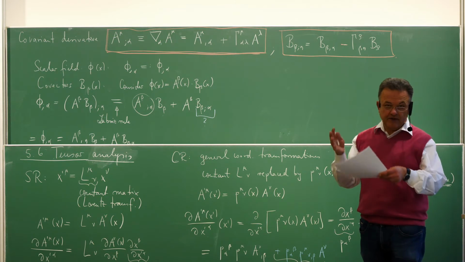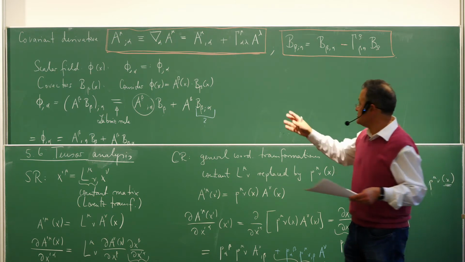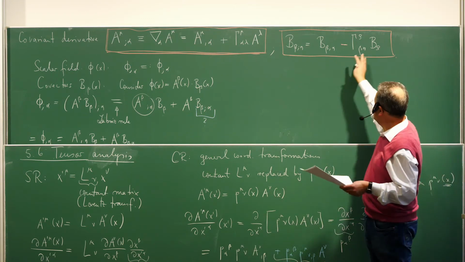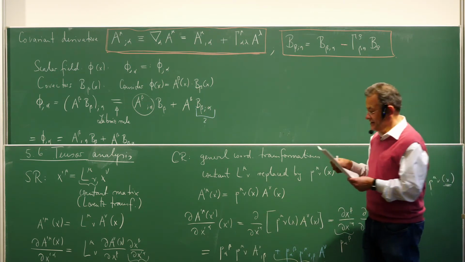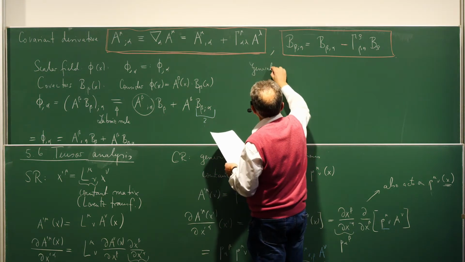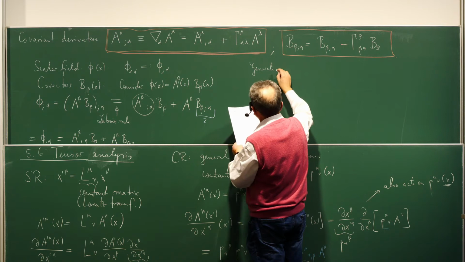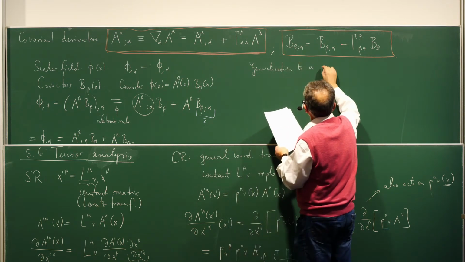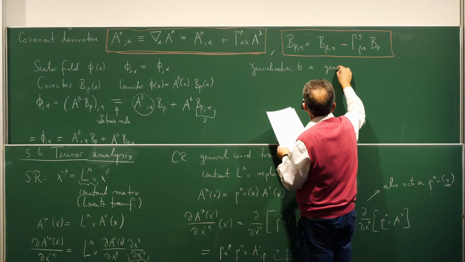That means it starts with the partial derivative, and then it has many terms with pluses and minuses depending on the indices. So we can symbolically write down the following: the generalization to a general tensor field.